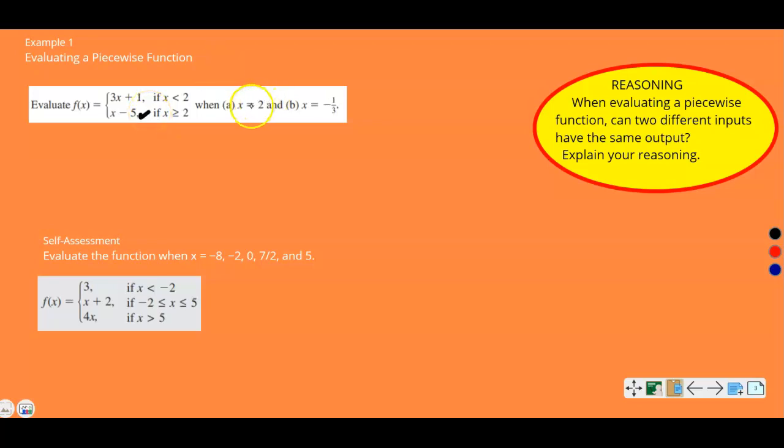for x equals 2. So just like any other equation, I've got f of x equals x minus 5. I'm simply going to plug in 2 for x. So f of x equals 2 minus 5.